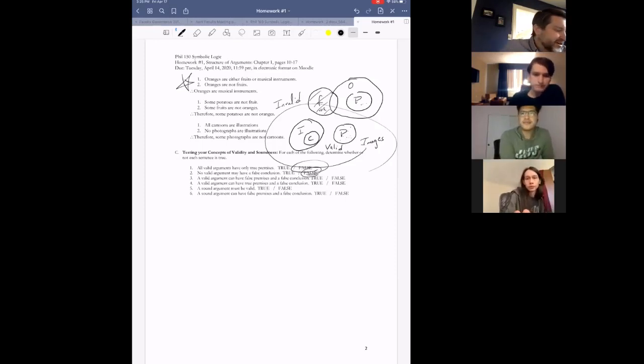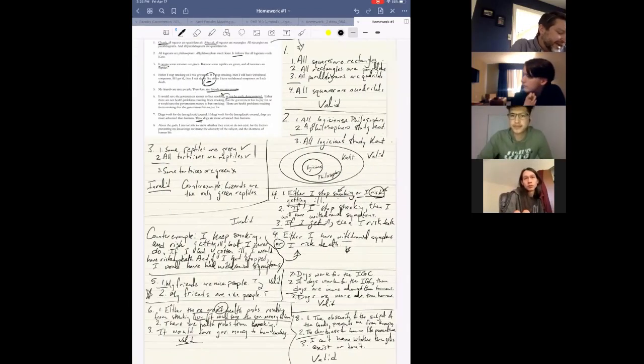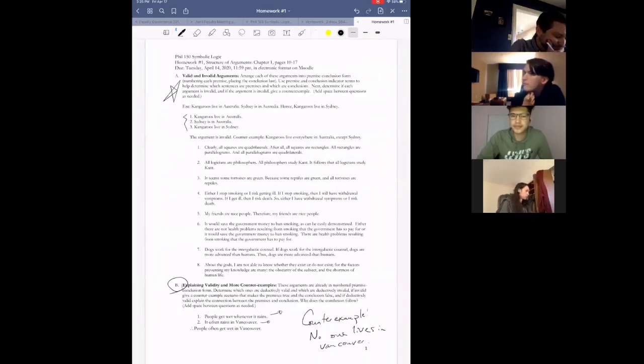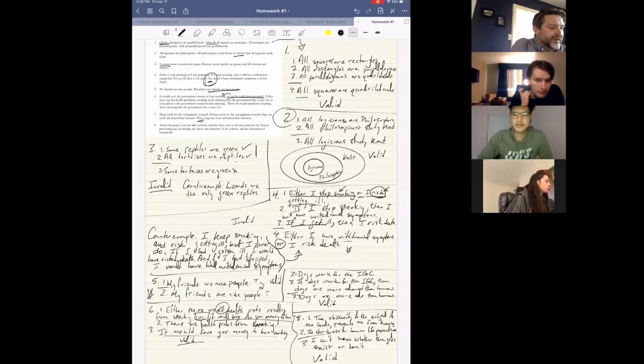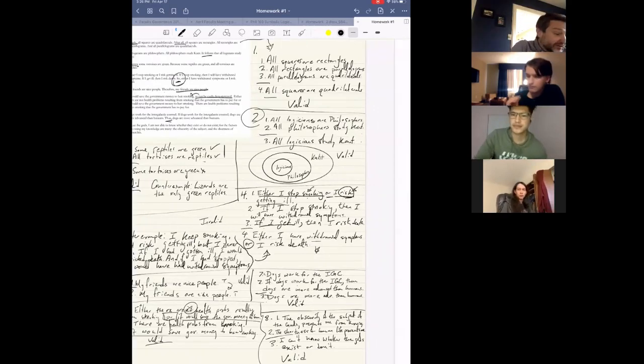In general, we've looked at lots of examples that have a false conclusion. I would say the second argument has a false conclusion: all logicians don't actually study Kant, but it still remains a valid argument.